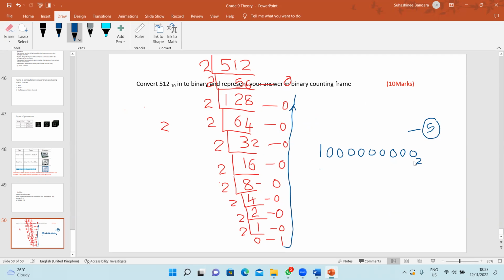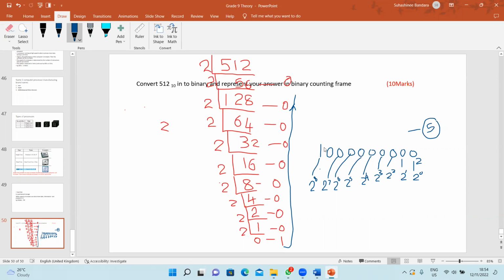Just look: this is 2 to the power 0, 2 to the power 1, 2 to the power 2, 2 to the power 3, then 2 to the power 4, 2 to the power 5, 2 to the power 6, 2 to the power 7, 2 to the power 8.